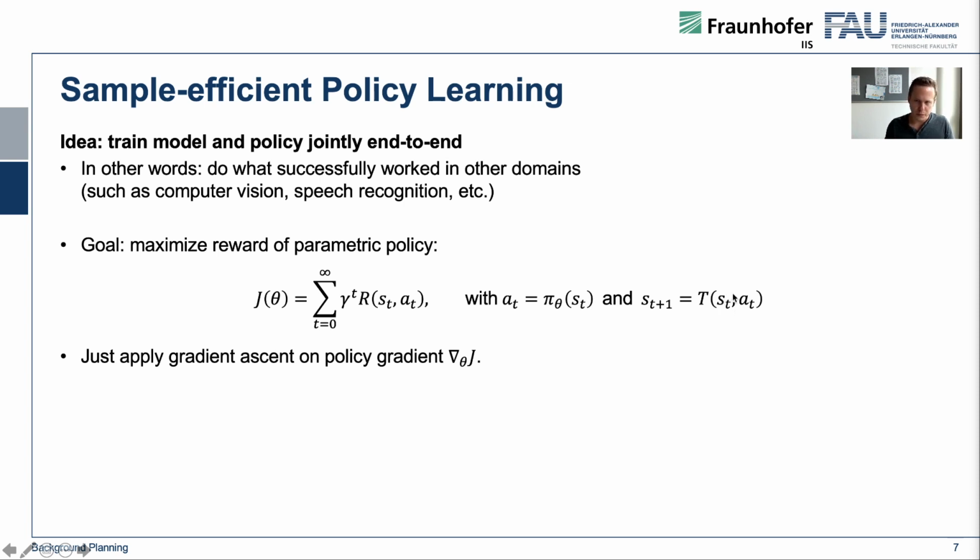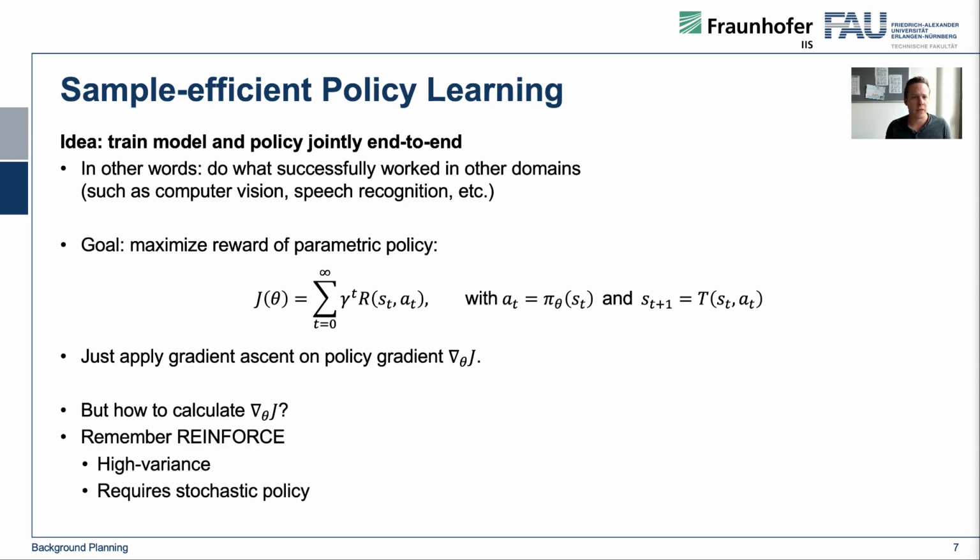And the question is, why couldn't we just use this end-to-end with a parametric model and just apply gradient descent on the policy gradient? The question is how to calculate the gradient of J in this case.